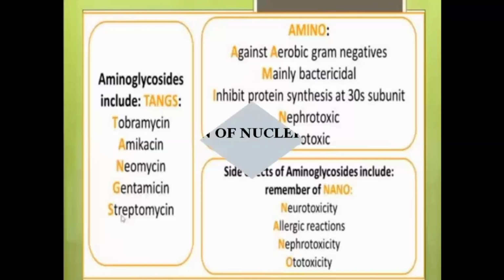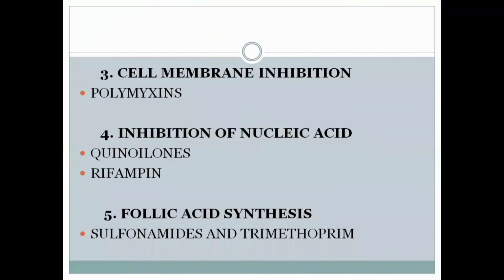So these are just to mention. Now we go to the next category, which is cell membrane inhibition, and this includes polymyxin. Then inhibition of nucleic acids, which includes quinolones and rifampin, and folic acid synthesis inhibition, which includes sulfonamides and trimethoprim.